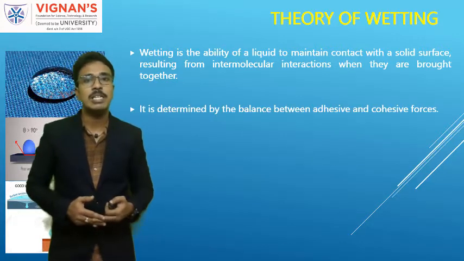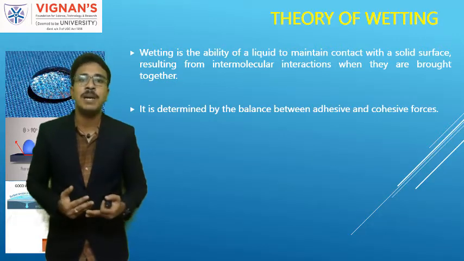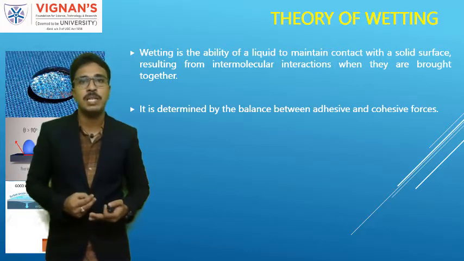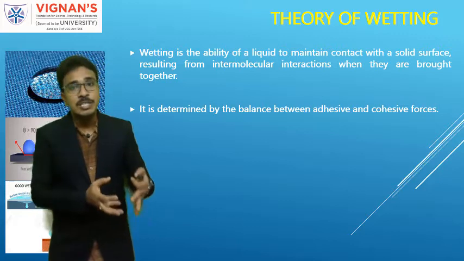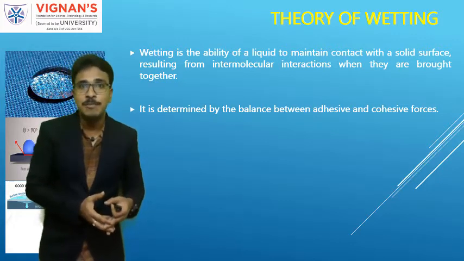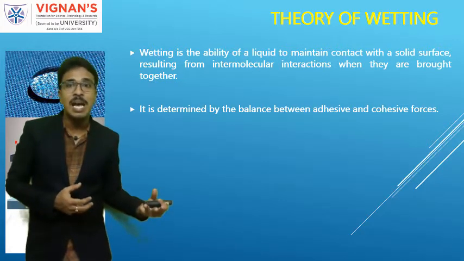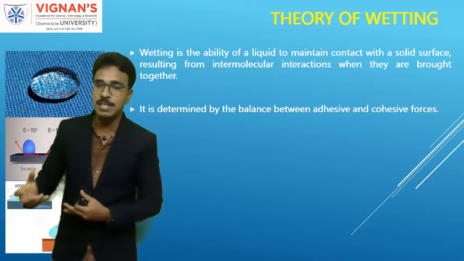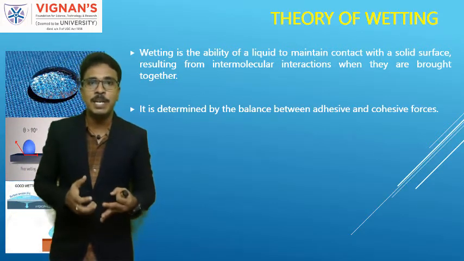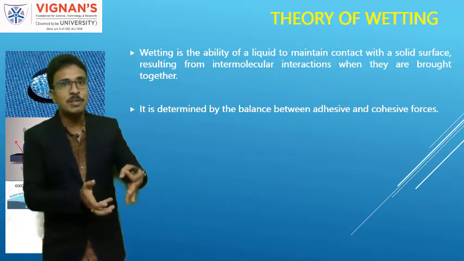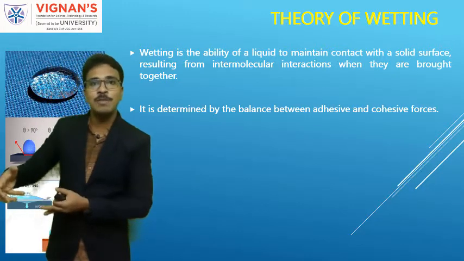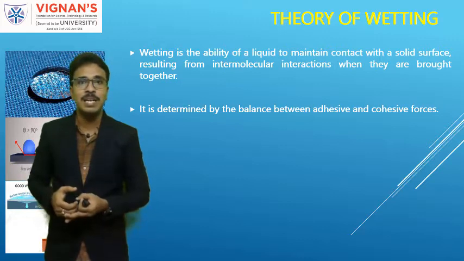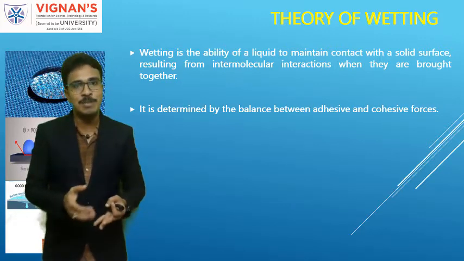This is called wetting, and it is determined by the balance between adhesive forces in the solid surface and cohesive forces in the liquid. So depending upon the balance of adhesive forces in the solid and cohesive forces in the liquid, wetting is going to be determined.